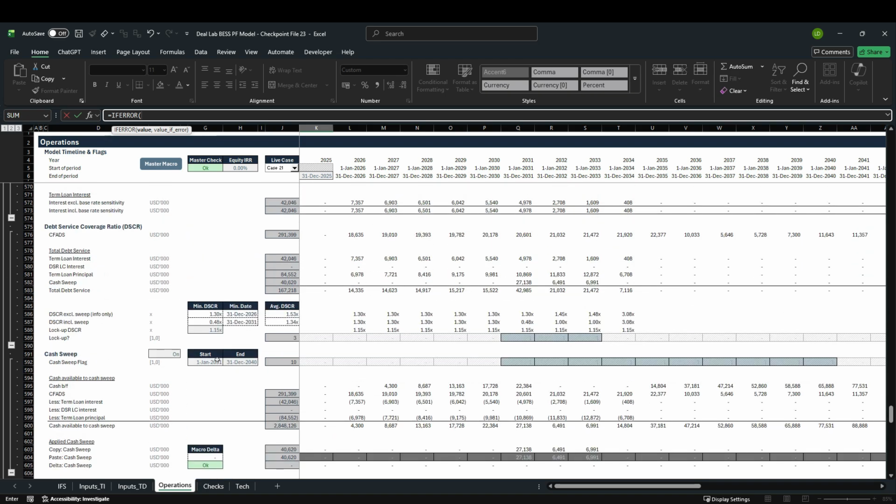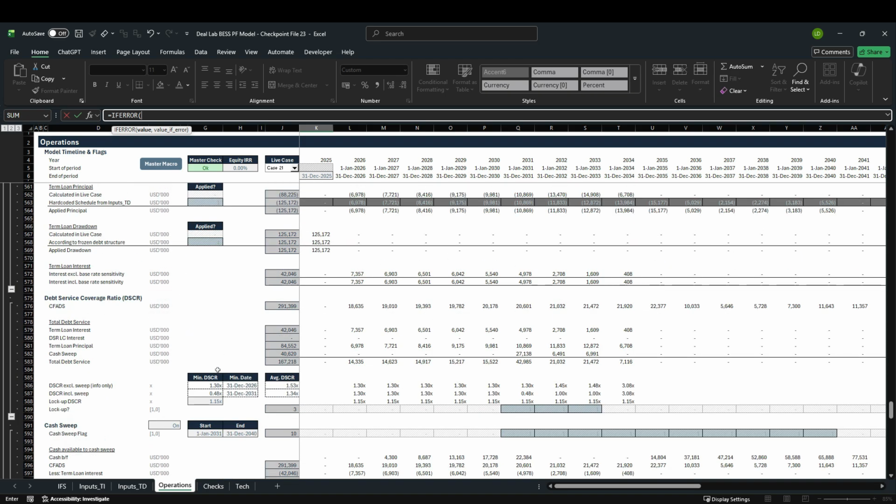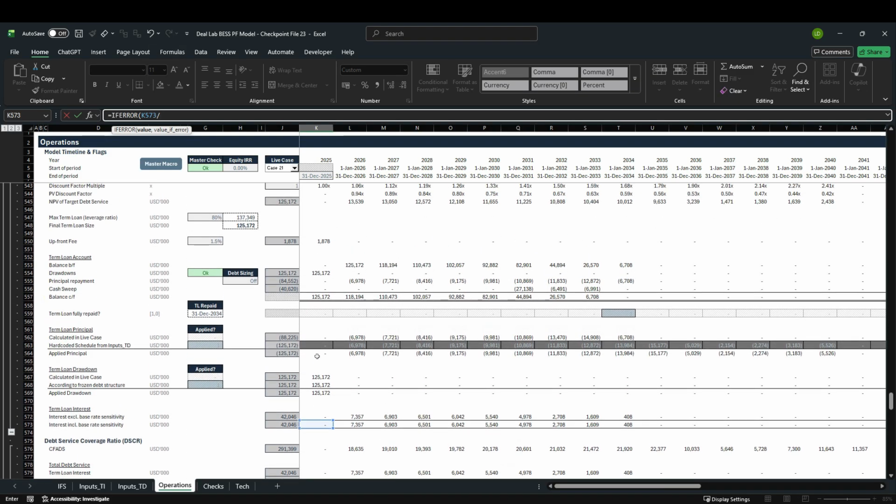And then we will scroll up and look for our actual interest expense. And for LLCR calculation purposes, we will use our interest expense including our base rate sensitivity. So row 573. Let's take this interest expense and we will divide this by, scroll up, our term loan balance.